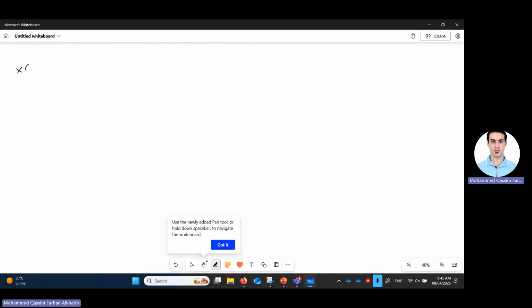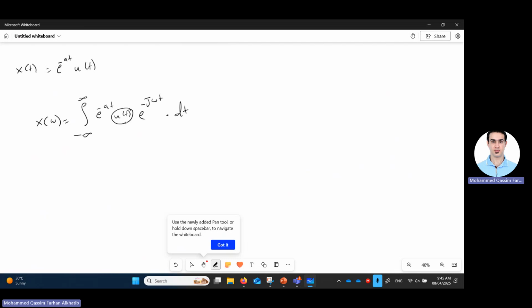Okay, x of t equals e to the power minus a t u of t. So x of omega equals the integration from minus infinity to infinity of e to the power minus a t u of t times e to the power minus j omega t, dt.